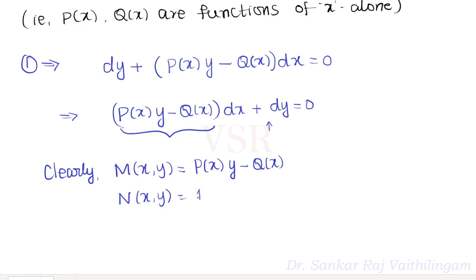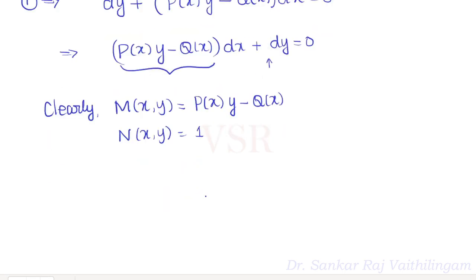It is a constant function. Now I am going to check whether it is exact. That means dou M by dou y, differentiating with respect to y, we will have p of x, and dou N by dou x which is equal to 0.